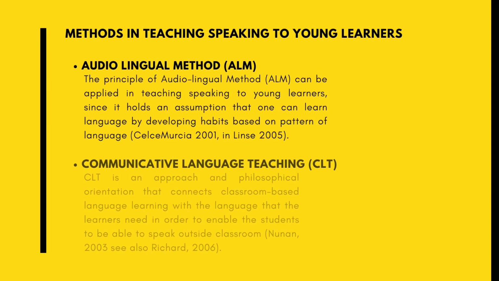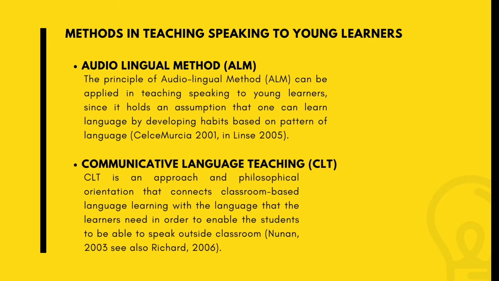Methods in teaching speaking to young learners. There are two methods. The first one is the audiolingual method or ALM. The principle of the audiolingual method can be applied in teaching speaking to young learners, since it holds an assumption that one can learn language by developing habits based on patterns of language.